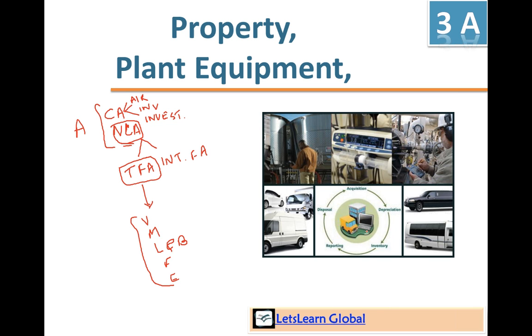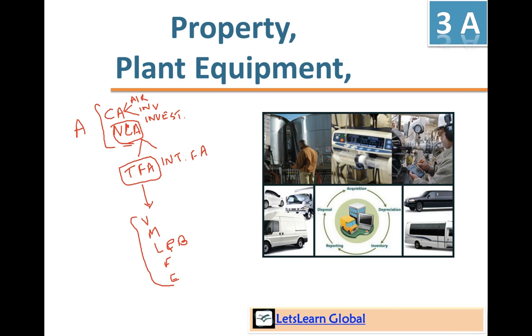And obviously, gradually the performance of the asset will decrease from time to time. Say a building, land value will go up, that is a different issue, but the value of the building will go down. The value of a car will go down. The value of equipment will go down.